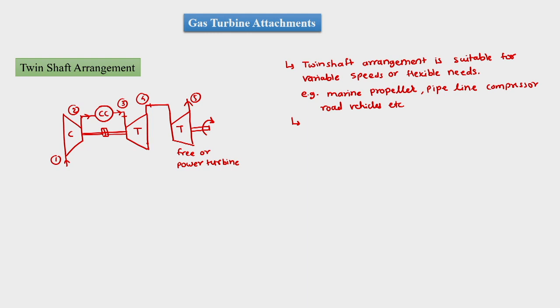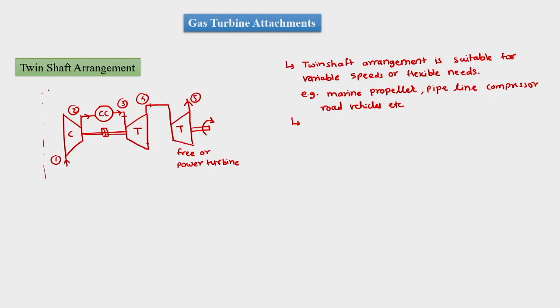That is where it is going to run the components or the machines which are based upon the input speed from the turbine. Such an arrangement, which is a twin shaft arrangement, is specific to applications which are variable speed or flexible speeds.